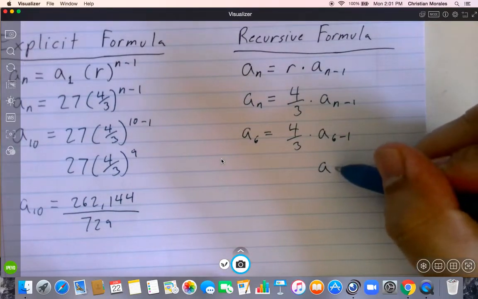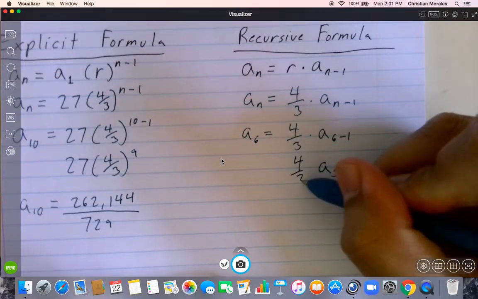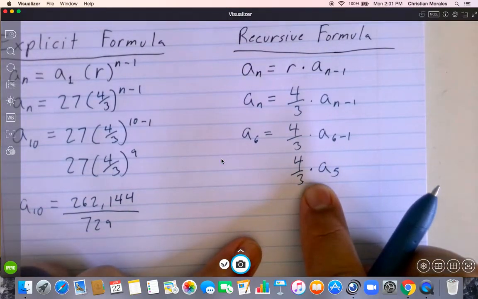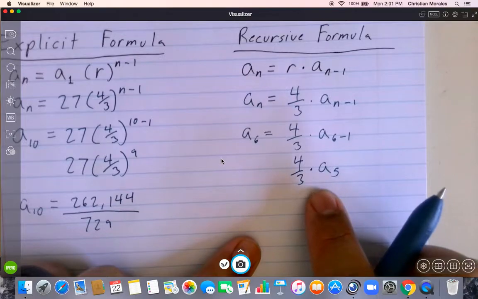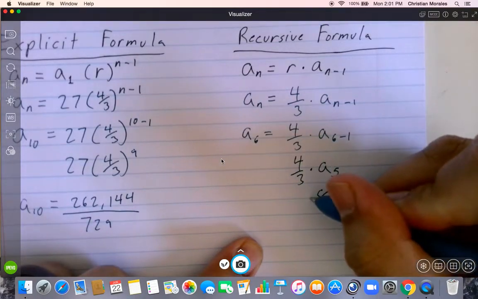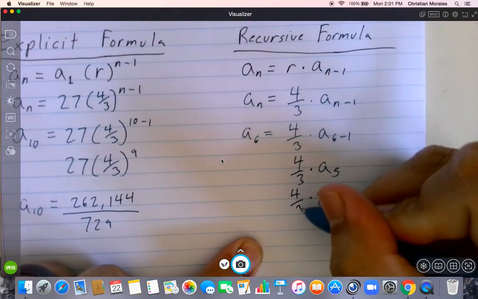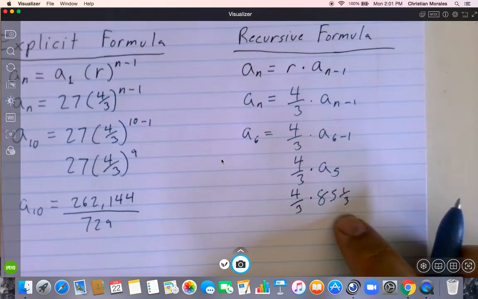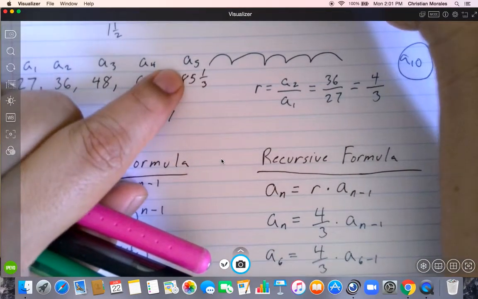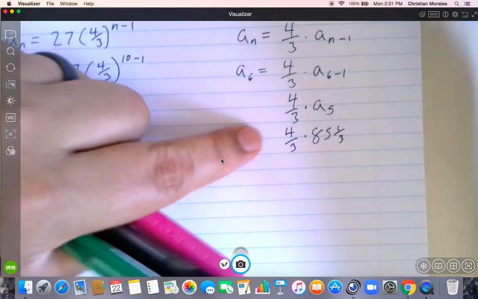That's going to be 5. So how are we going to find the 6th term? You're going to take the common ratio, 4/3, and multiply it by 85 1/3. This was the 5th term. So this is how you do it.